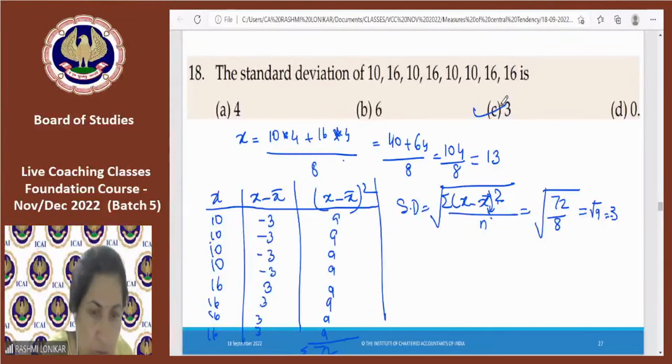Yes, Sagar, very good. Now just tell me whether you've understood the 18th sum also. Same thing we have done.